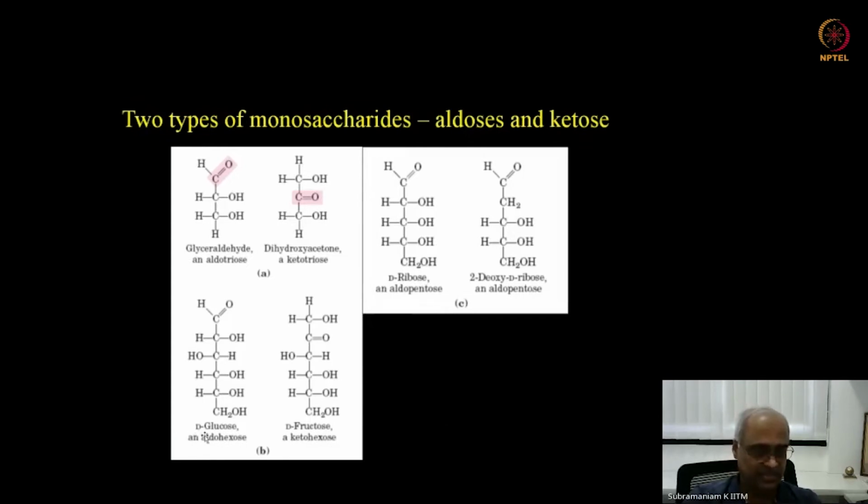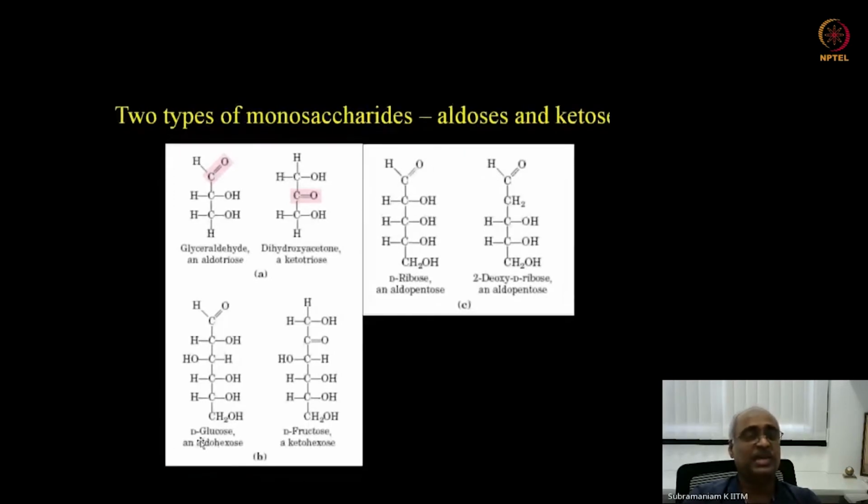Since it's an introductory course, I'm not going to introduce all those names or expect you to remember all of them. But at least you should be able to draw the structure of D-glucose correctly. And for this DL reference, we use the carbon that is farthest from this aldehyde group.